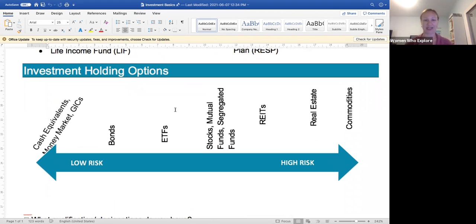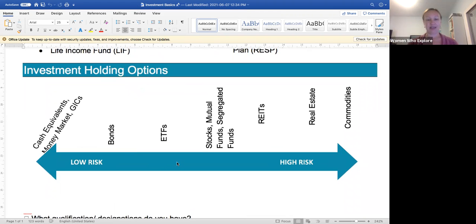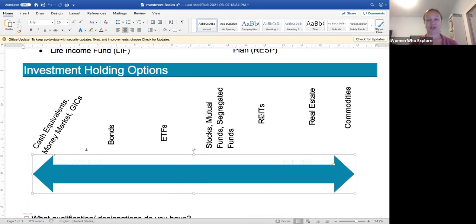What I've done is basically just listed the different types of investments in terms of their risk, from low risk to high risk. What type of investment return you're going to earn is going to be fully, wholeheartedly dependent on what type of investments you hold within that account.